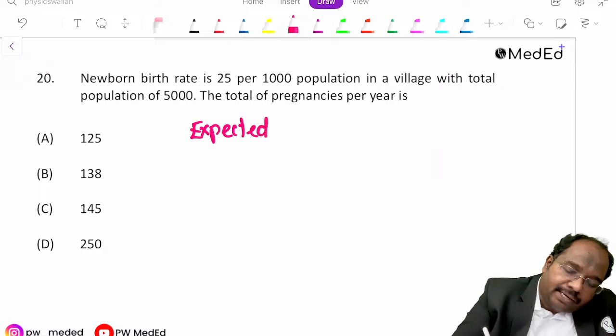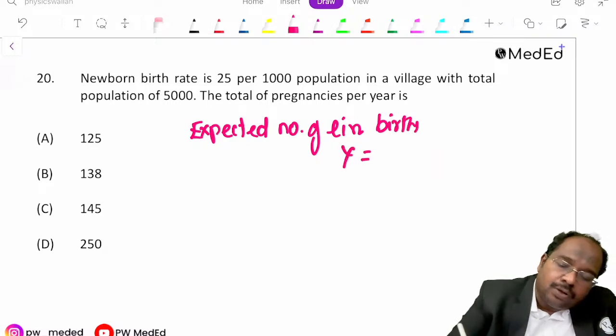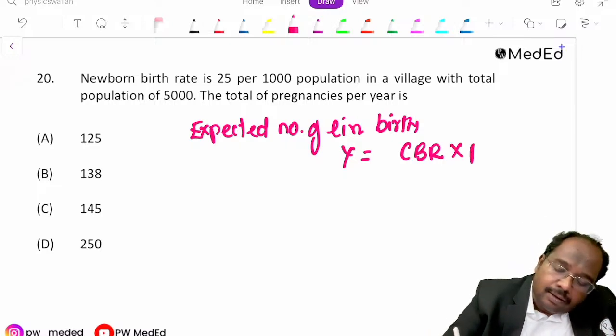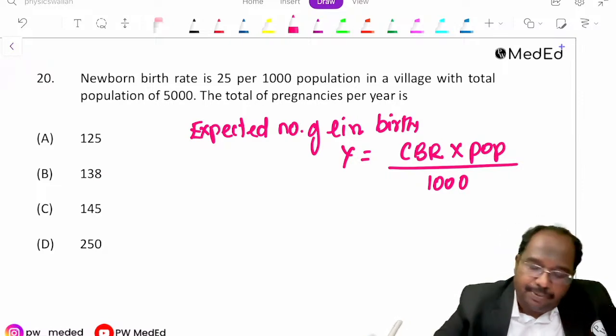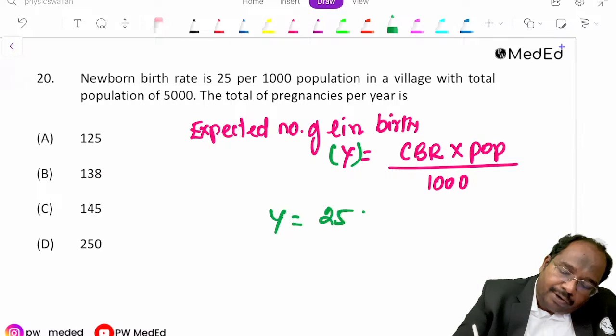First is the expected number of live births, which is the crude birth rate multiplied by the population divided by 1000. The crude birth rate is 25.